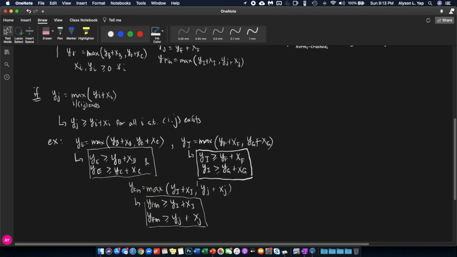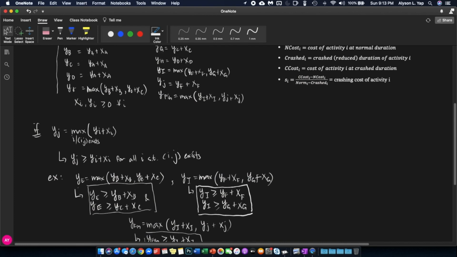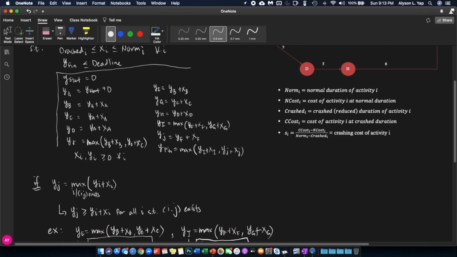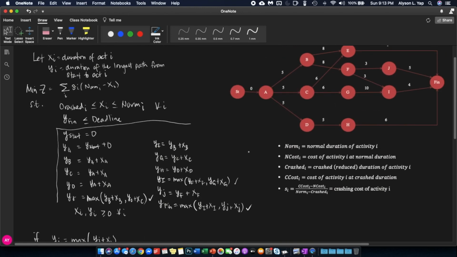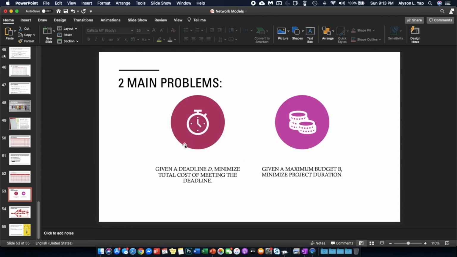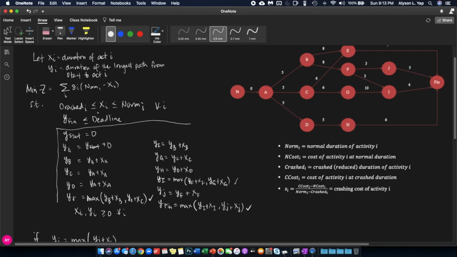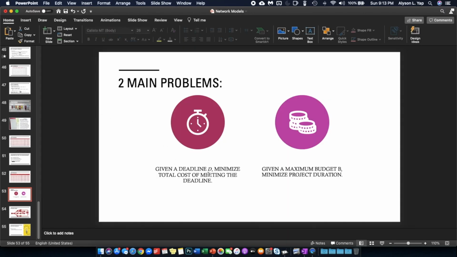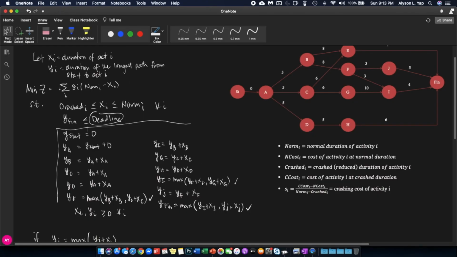So these three boxes will replace these three constraints, this one, and this one. This is our linear programming model for the first problem, which talks about the deadline D. In this case, your deadline is here, and you'd like to minimize the cost of meeting the deadline. And that's why your objective is this.